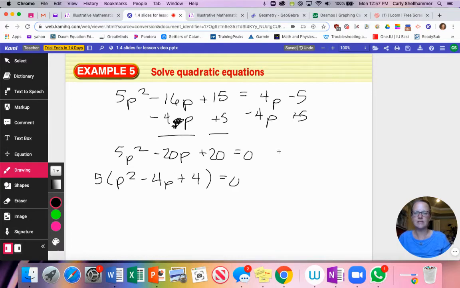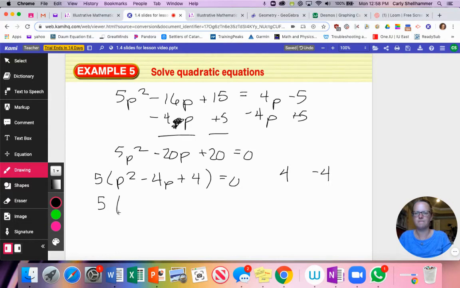Now a times c is 4, and b is negative 4. Now there's, unless I've made a mistake, 4p plus 4. Oh, this is a perfect square trinomial.